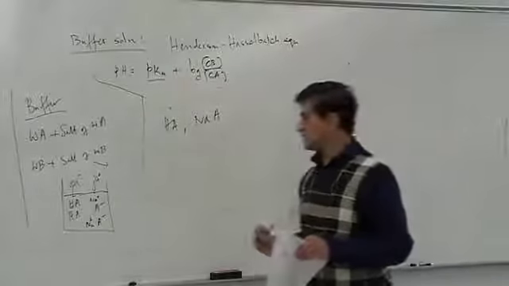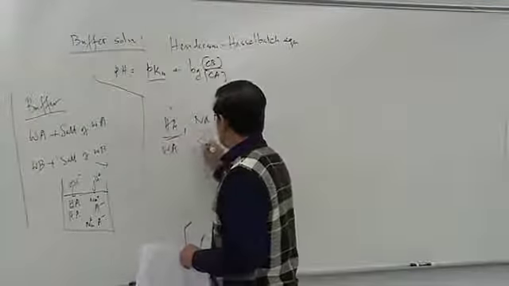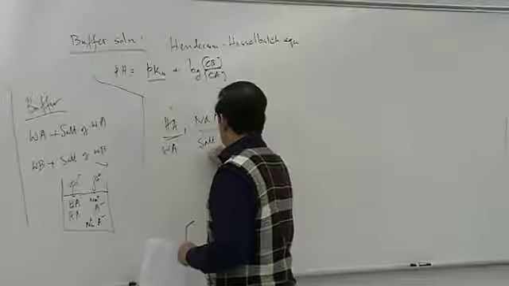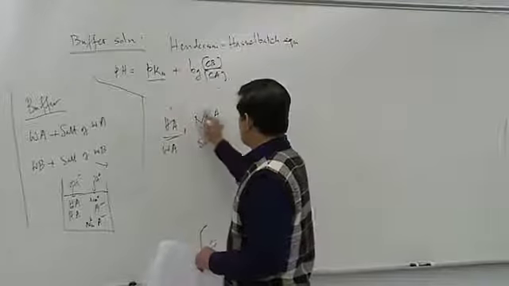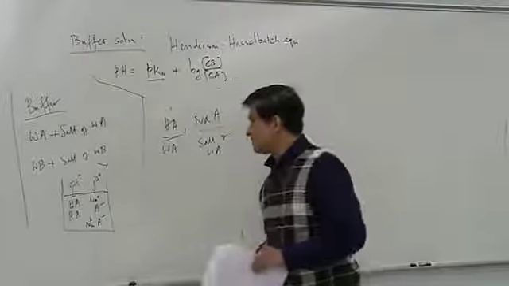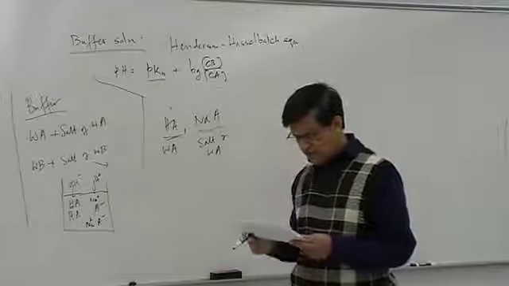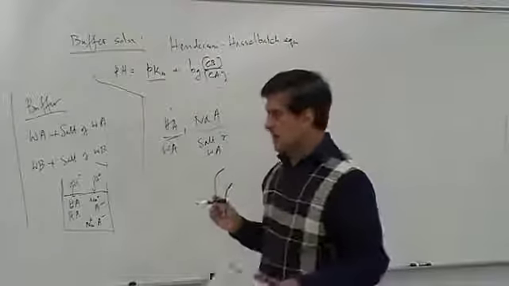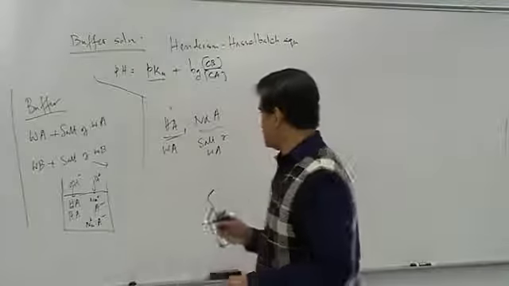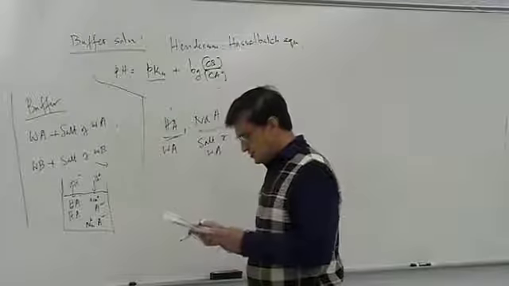The answer is yes, because HA is a weak acid and this is a sodium salt of a weak acid. So it would give you a buffer solution. We'll have a question like this, so make sure you recognize strong acid, strong base, and weak base. That would make it easier for you to answer these qualitative questions.